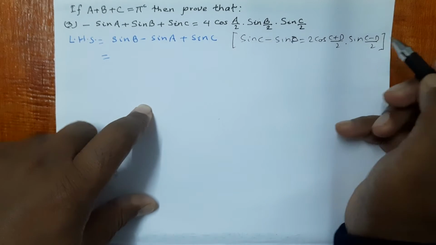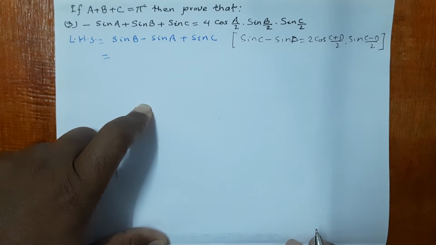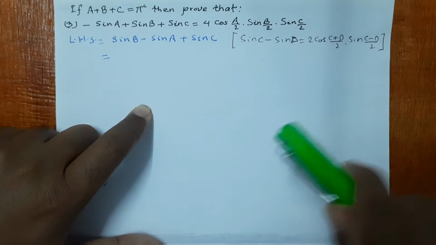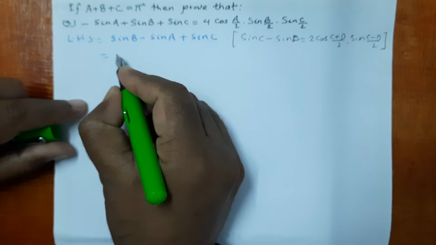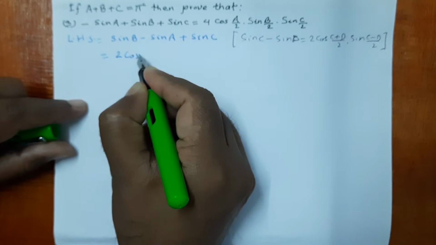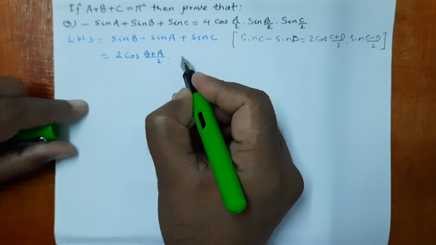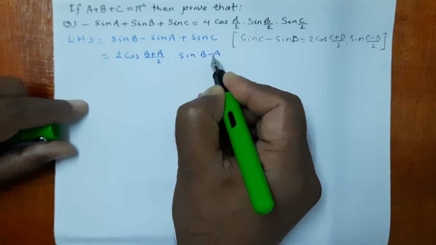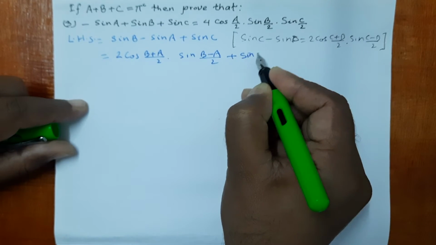So using that formula, we can write this as 2 cos b plus a over 2 sine b minus a over 2 plus sine c.